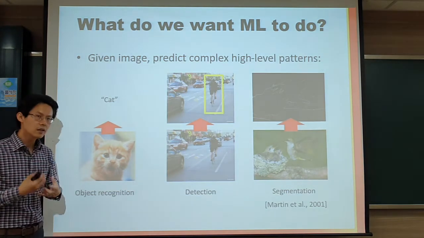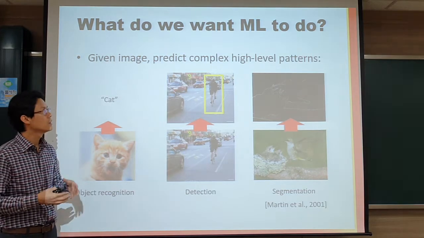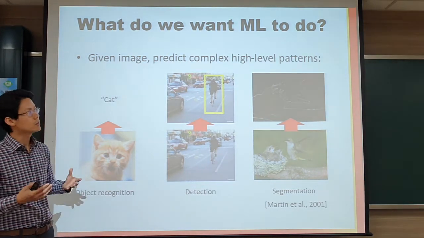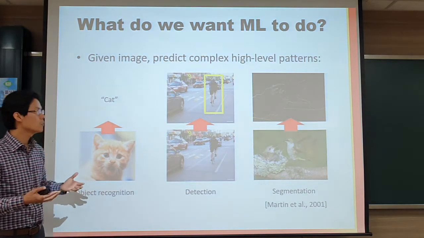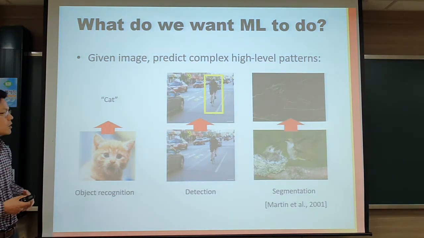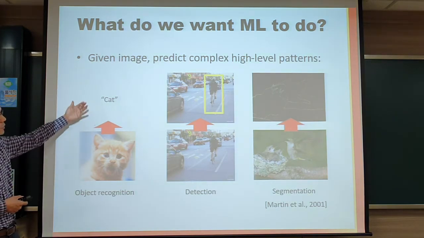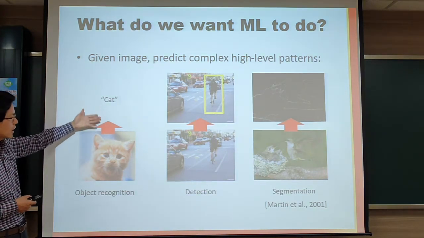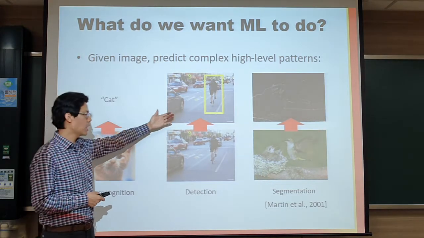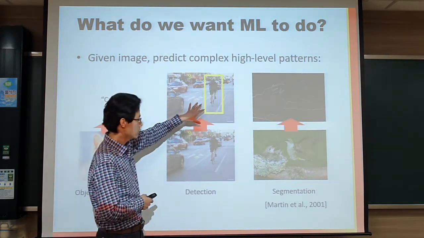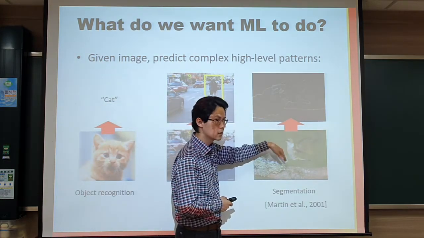Okay, so deep learning is nothing but some of the recent technology of machine learning, right? In machine learning in general, what do we want to do? There could be many different machine learning tasks. One is object recognition: given the image, we want to recognize a certain character, the cat in this case. Or sometimes we want to detect a certain region, or segment a particular region.